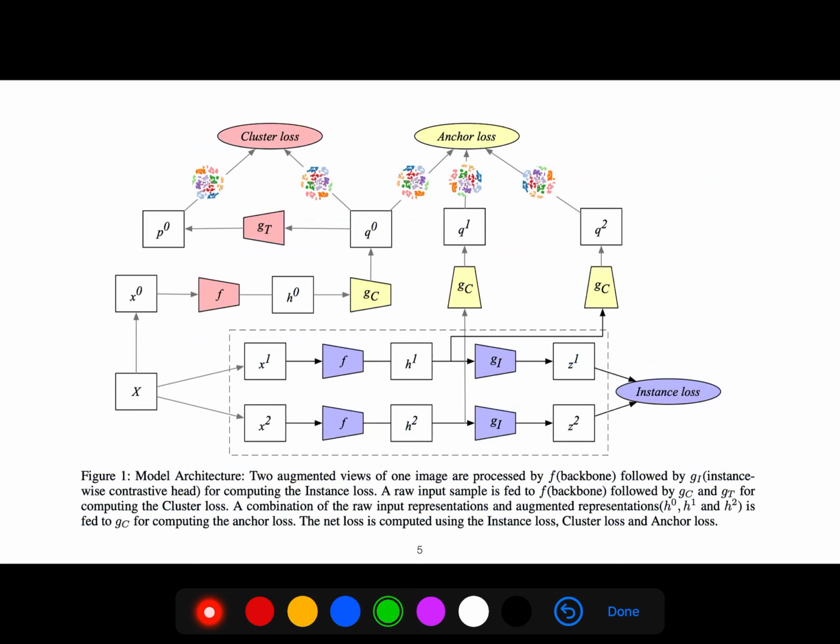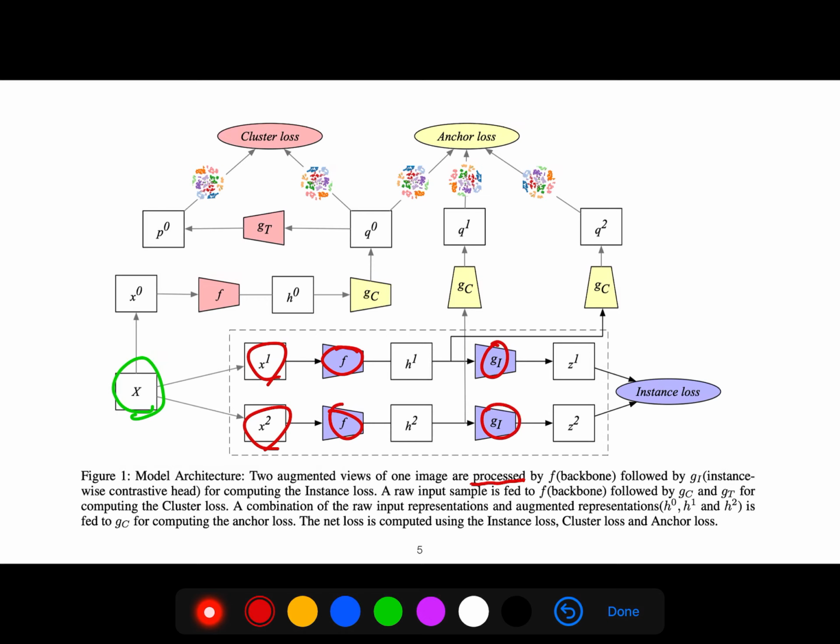This is the model architecture that we have. Two augmented views of one image are processed by F, which is your backbone, followed by G_I, which is the instance-wise contrastive head, for computing the instance loss.